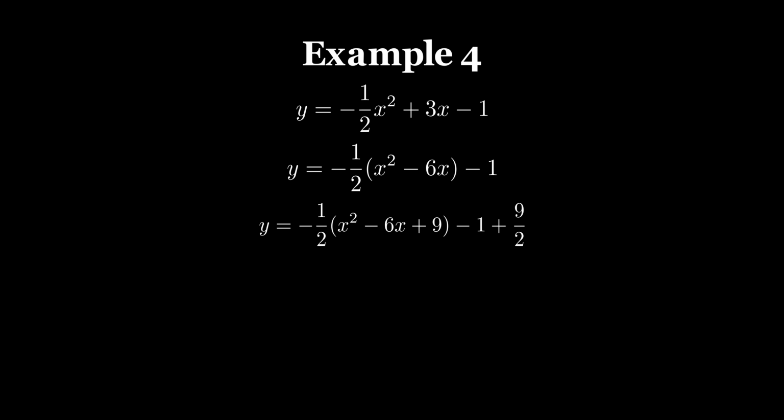After rewriting, we arrive at y equals -1/2 times the quantity x minus 3 squared plus 7/2. Now we can read the vertex directly. (3, 7/2). Because a is negative, this point is the highest point on the graph. The graph rises to this point and then falls away on both sides.